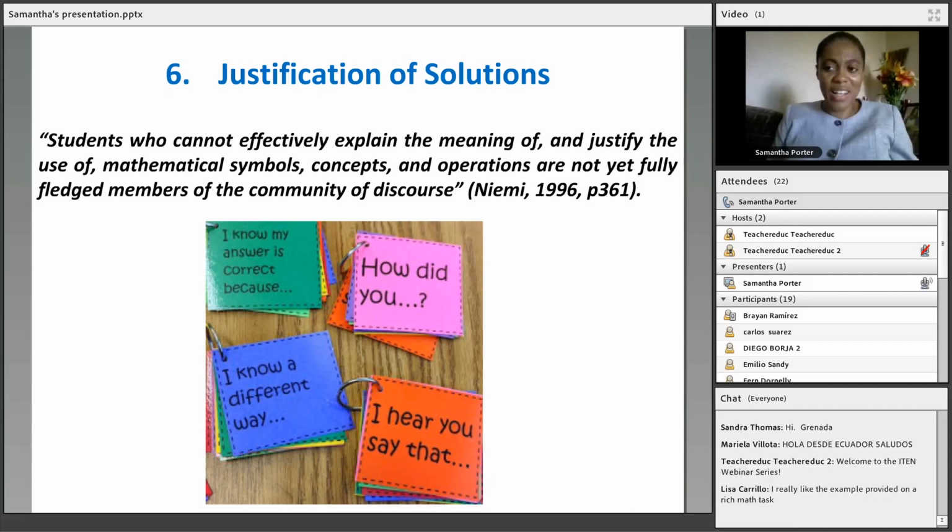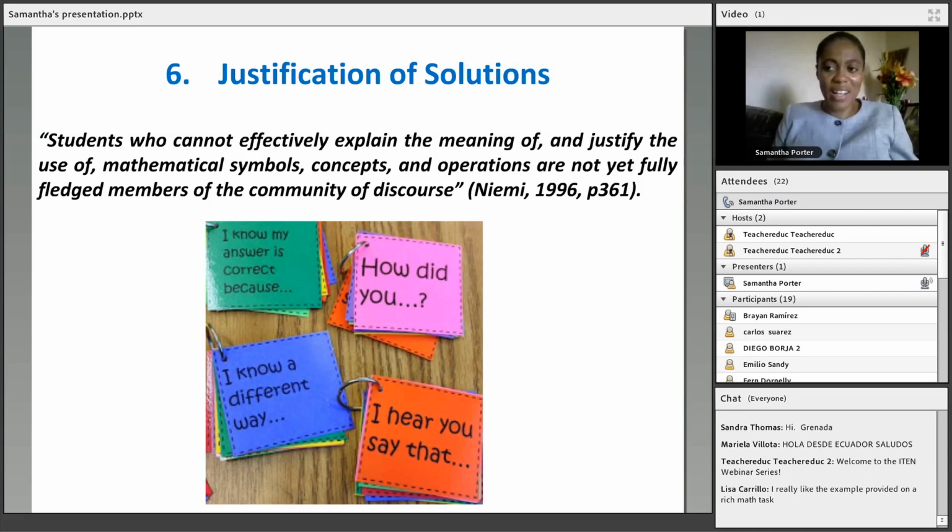We know we have some students, they will tell us, I am doing this problem this way because my teacher told me this is how to do it. Students do not know why they are solving the problem the way they are solving it. Because we as teachers sometimes don't force them to justify the reasoning behind solving the problem.